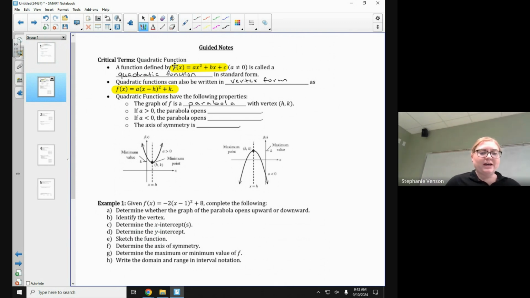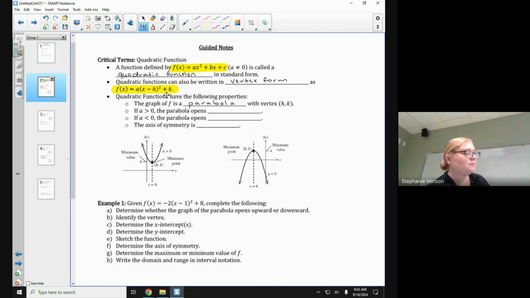So the graph of f is a parabola with vertex h, k. I want you to look here for me real quick. This is the vertex, h comma k, the coordinate point. But do you notice how in the function here, it's minus h and plus k? So here's what we say.